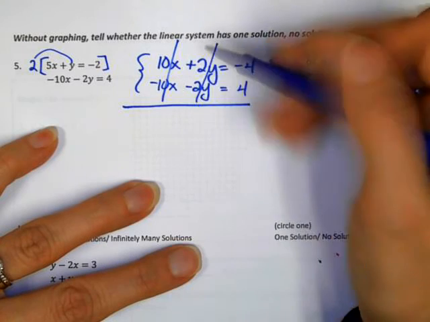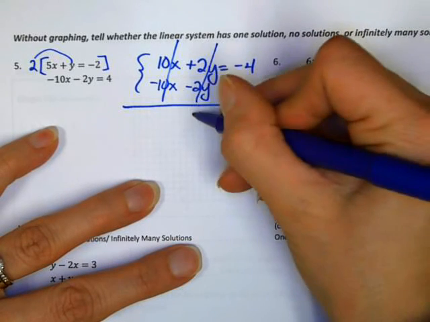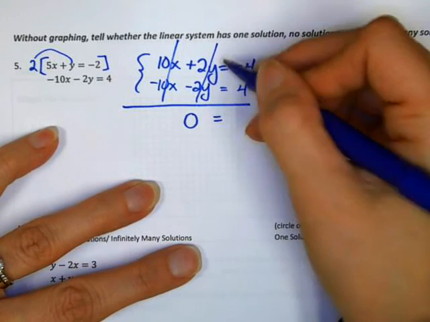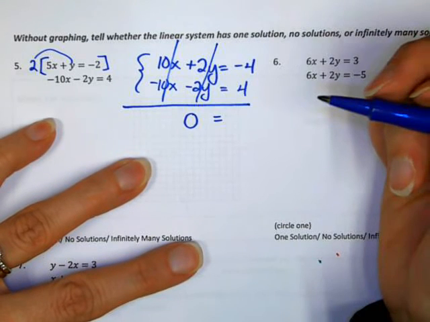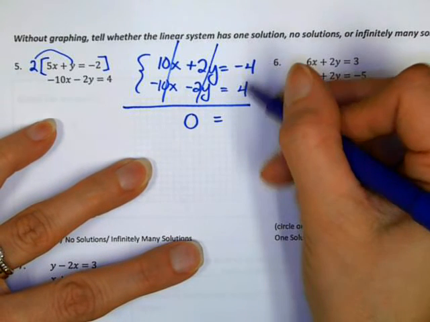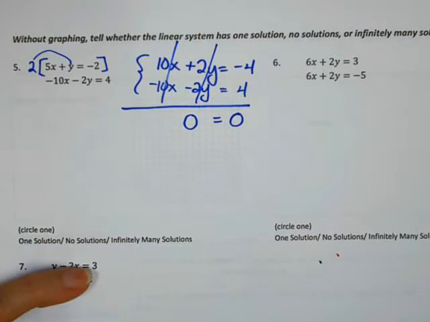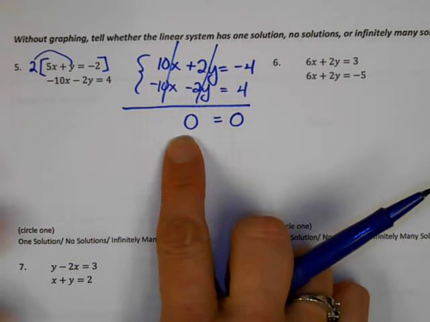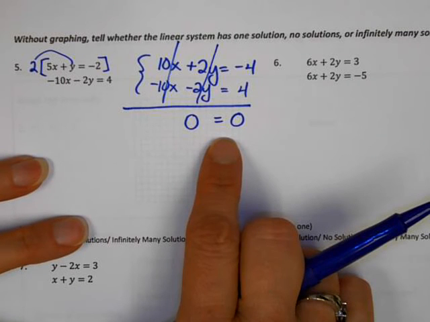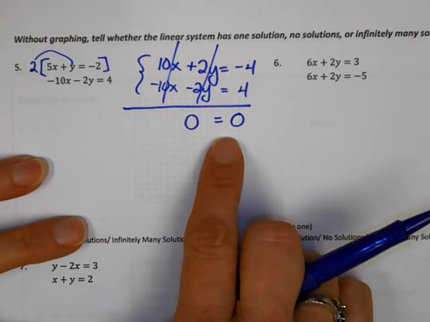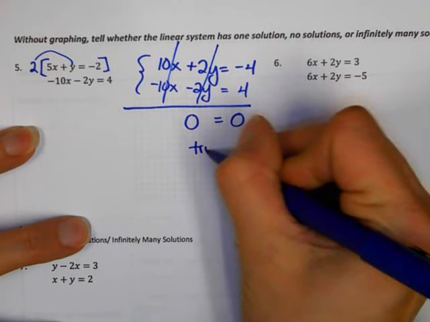If everything cancels out, that makes the number 0. There's 0 x's left and 0 y's. -4 and a +4. Oh, look at that. Does 0 equal 0? Yes or no? It does. That's true. That does work.